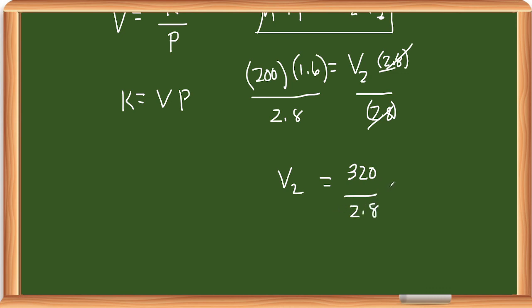Okay, so kunin ko lang yung calculator ko. 320 divided by 2.8 is 114.29. Take note, sabi dun sa problem, find the volume to the nearest tenth, no? So, round off natin. Since 9 to, magiging 0.3 to. So, it is 114.3.